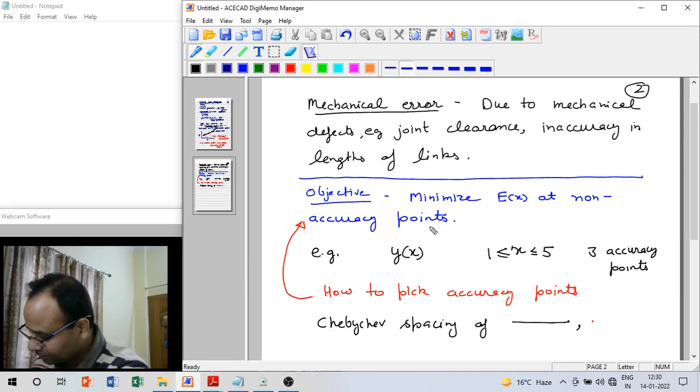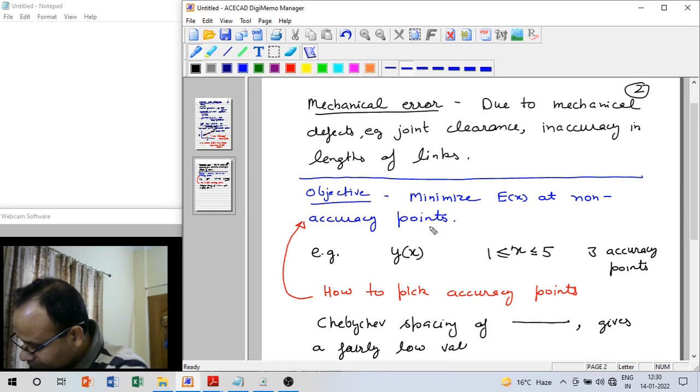So Chebyshev spacing of accuracy points gives you, you can say, a fairly low value of this structural error.